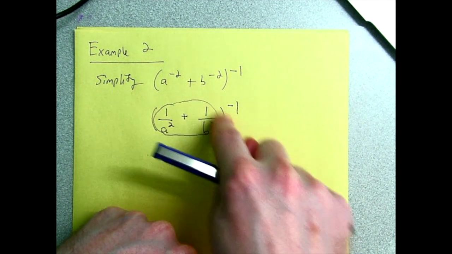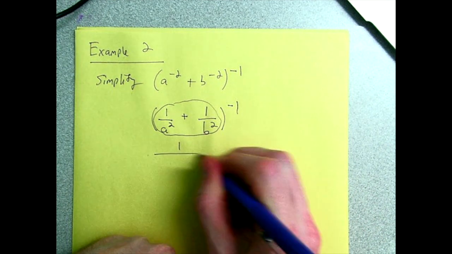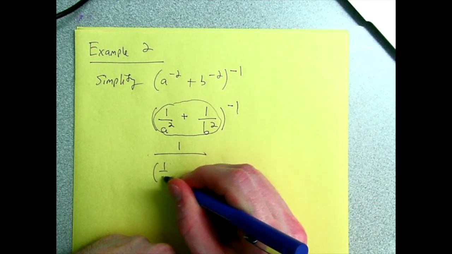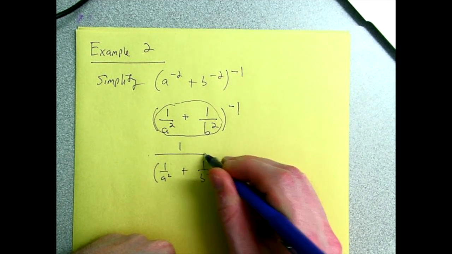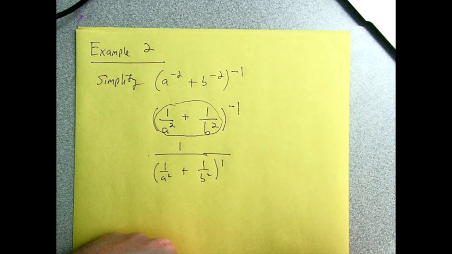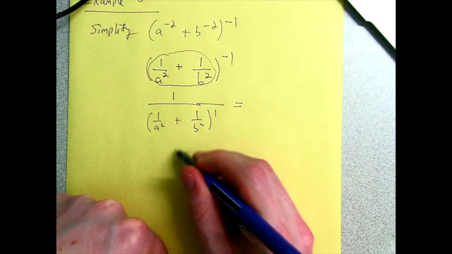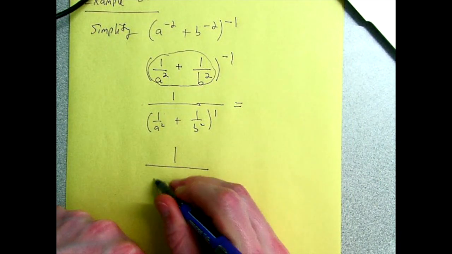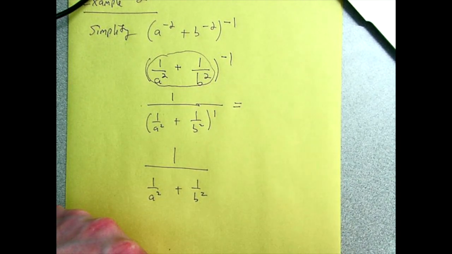So this whole object is being raised to the negative first, which means that I have to write 1 over this entire object to the positive first power. Of course, the positive 1 is not really doing anything, so we can just leave it as 1 over a squared plus 1 over b squared.